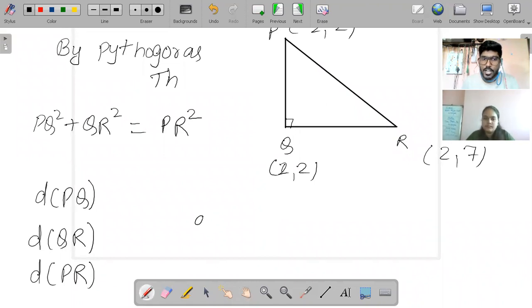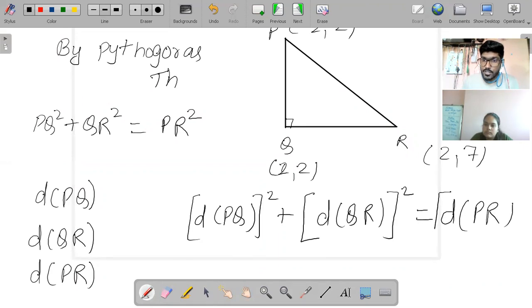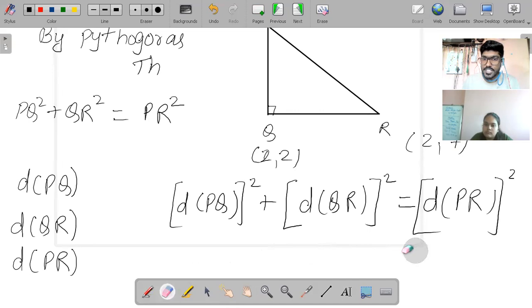Now, after that, whatever answer you get for distance PQ, you take its square plus whatever answer you get for distance QR, you take the square. If that is same as the distance of the third side square, that is this square, if it is equal, then you say that triangle PQR is a right angled triangle.